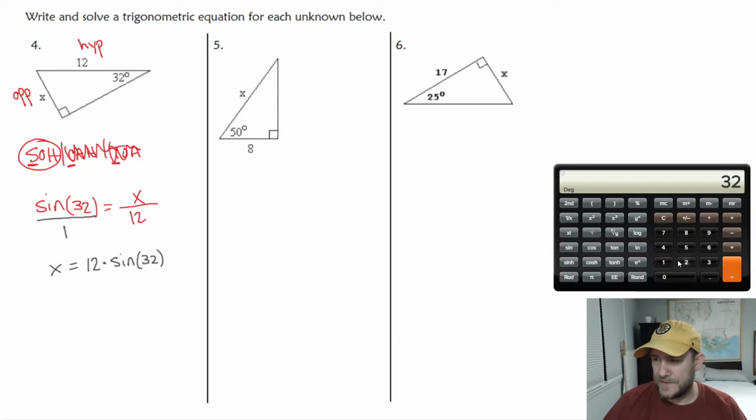So you have to type the 32 first, then press sine. This is the sine. So now you could multiply that by 12. Hit enter, and there's your 6.36. This is a little bit harder to do, but whatever, we get our answer of 6.36 just as well.